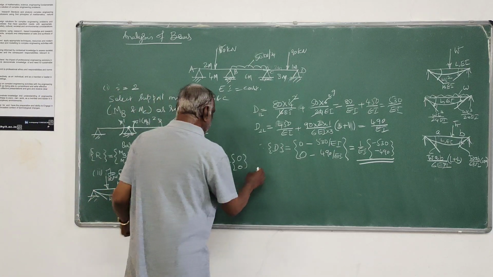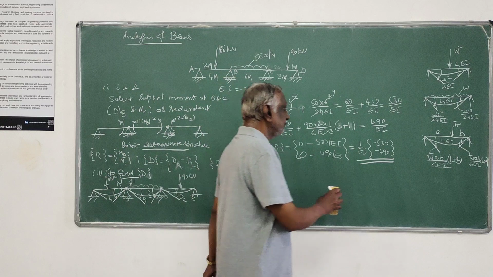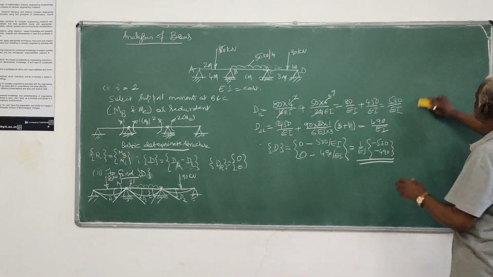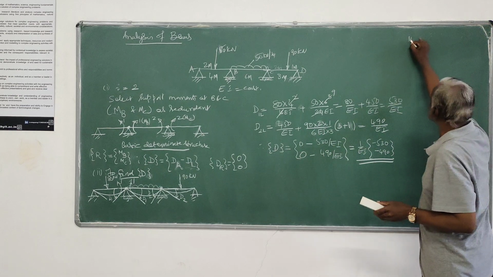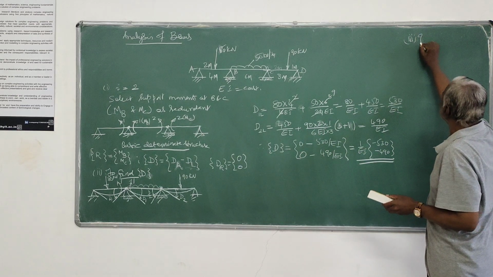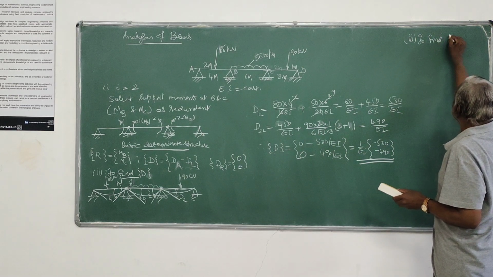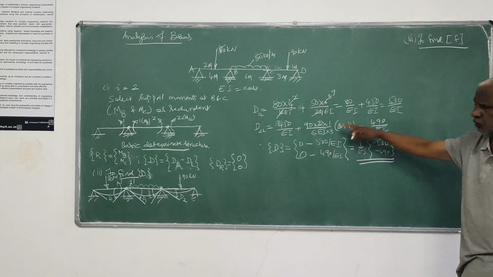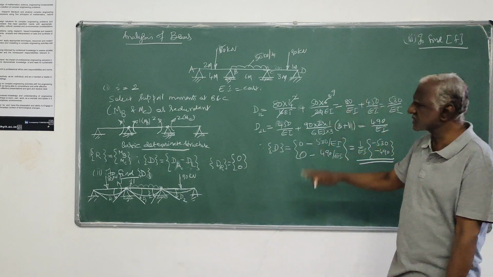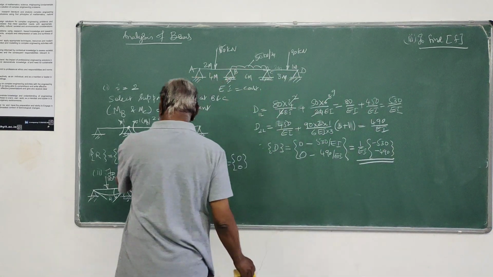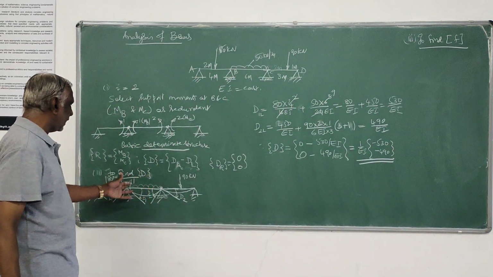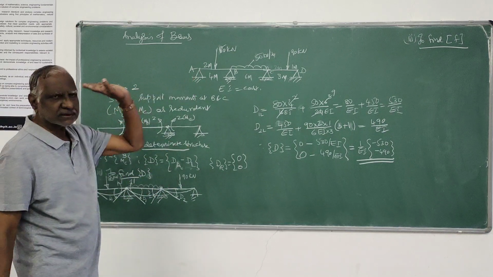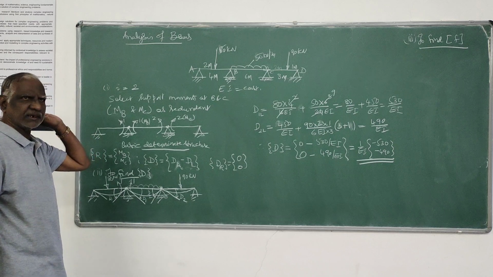Then the third step is to find the flexibility matrix. That is another important step. These are the only calculation steps. One is finding the displacement along the coordinates chosen on account of the external load. Next, development of flexibility matrix.